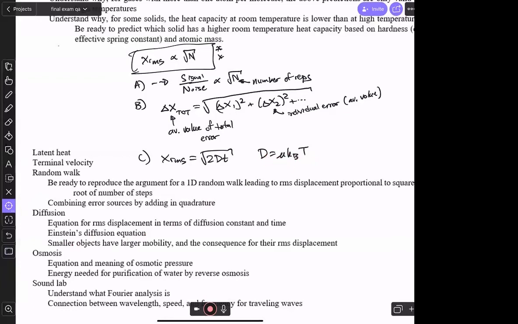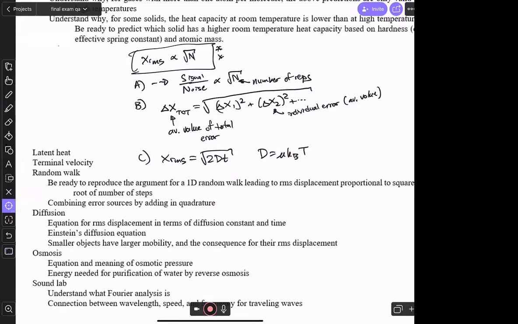In particular, we used reasoning to show that things that are small will have a large mobility and therefore diffuse a larger distance in a given time. So I'd say that those are the three big takeaways from the random walk.